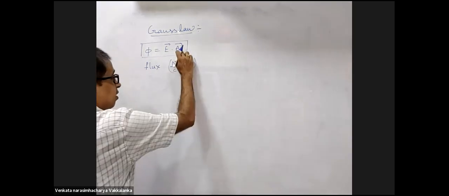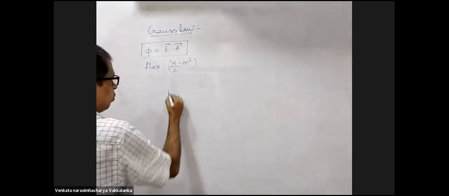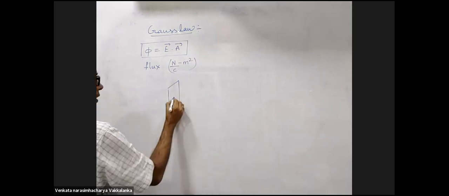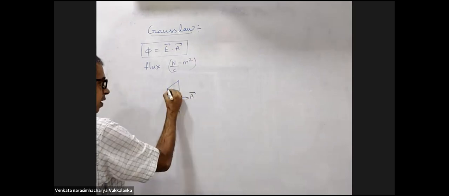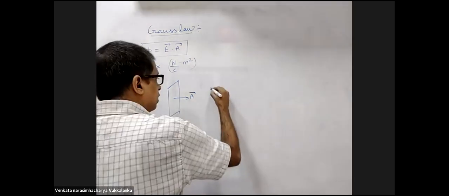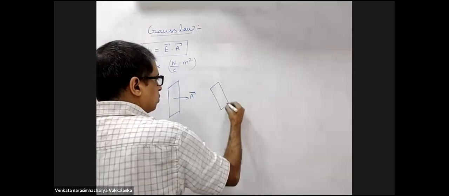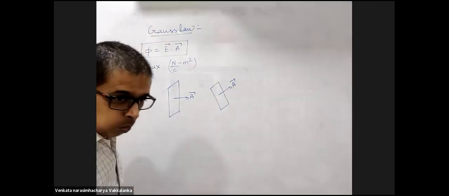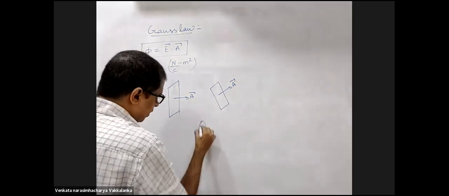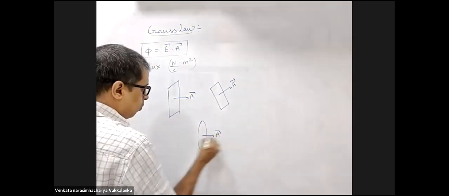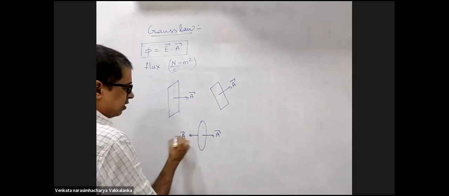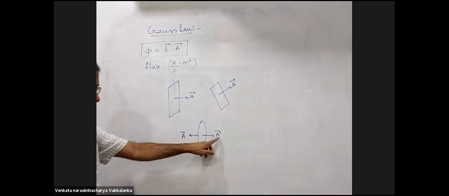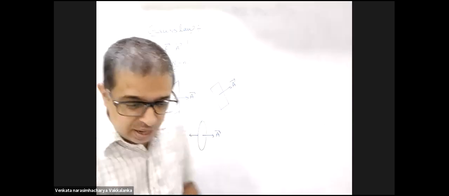Suppose I have an area. From today, area is a vector quantity. Area will be perpendicular to a surface, outwards. One single ring will have 2 areas. One area this way and one area this way: A i cap, A minus i cap.